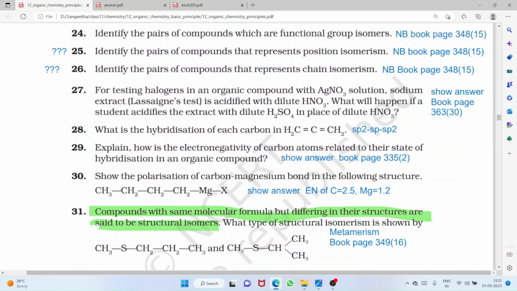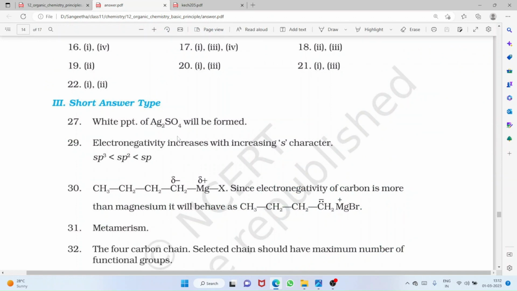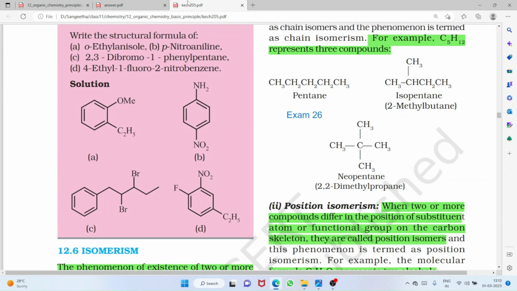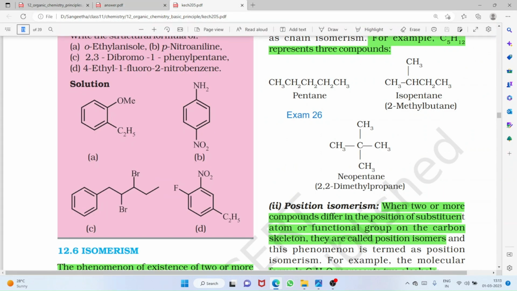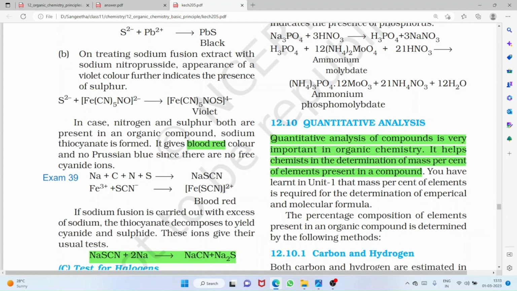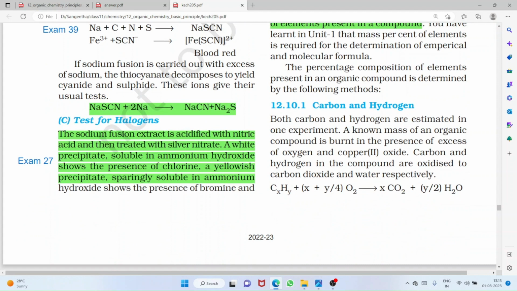A white precipitate of this compound will be formed. Okay, we can go through this halogens test. Here they have mentioned what will happen, that white precipitate.